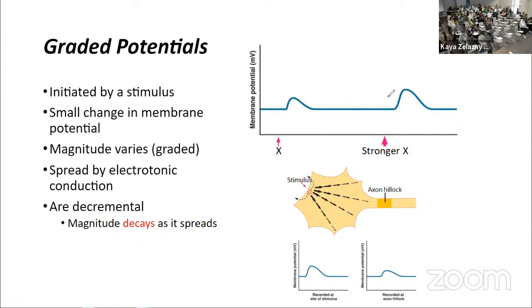The other place we see a gradient: you can see kind of a high-low gradient happening here in the cell. The change to that voltage, the change to the membrane potential, is going to be a big change where the stimulus came in.